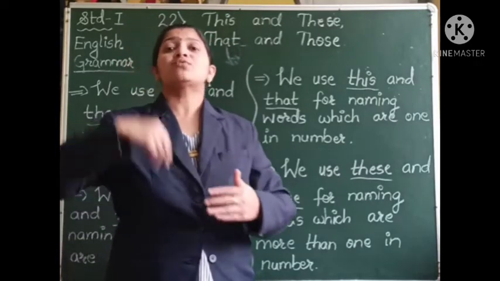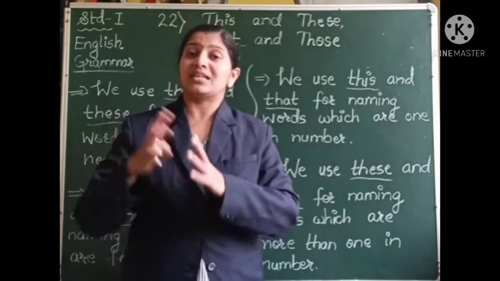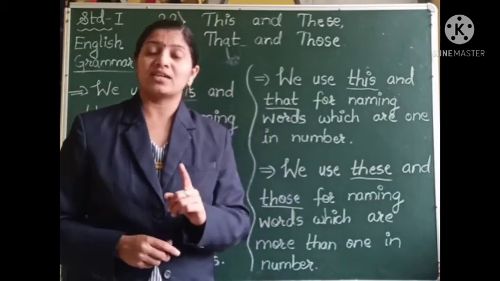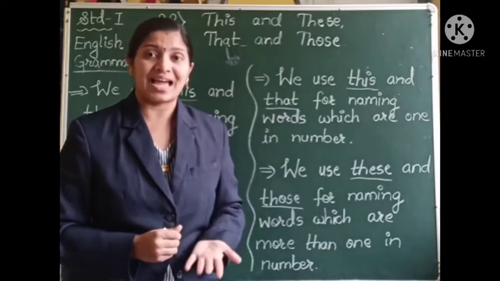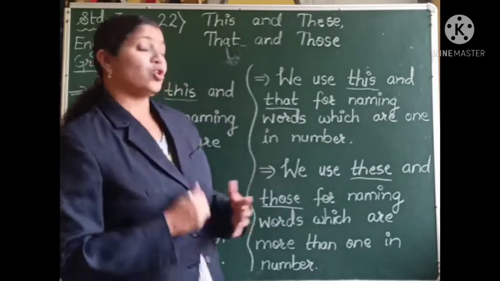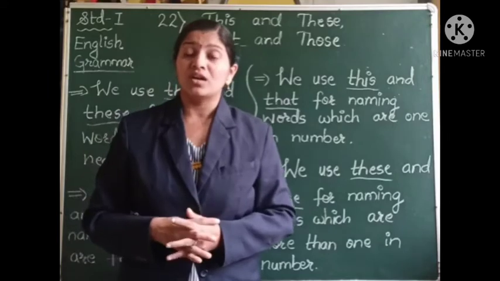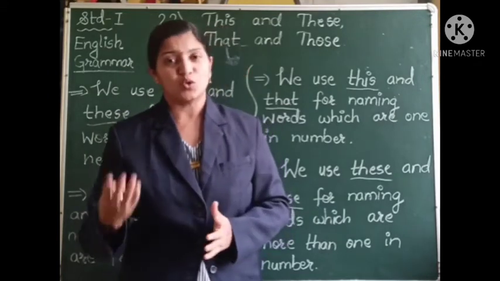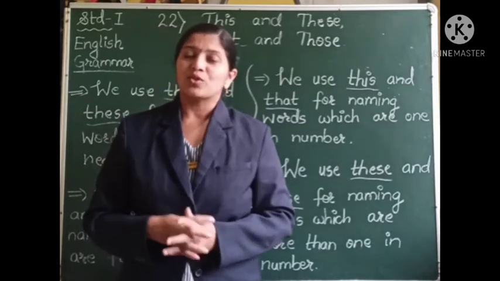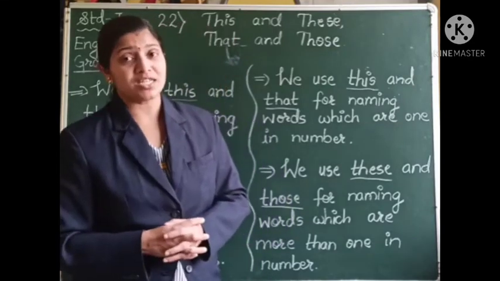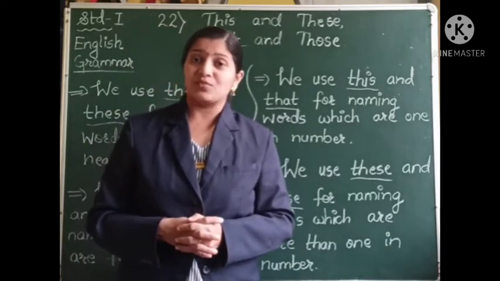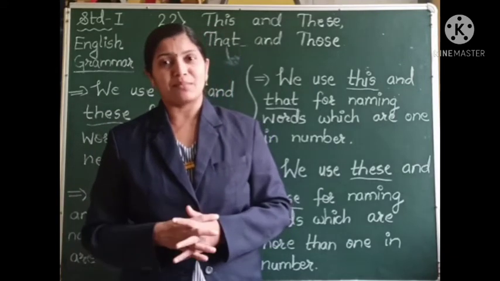Similarly, for objects far away from us, when there is only one object we use that, and when the objects are more than one in number, we use those. Now we will see some sentences from our textbook and try to solve the exercise given in our grammar textbook.